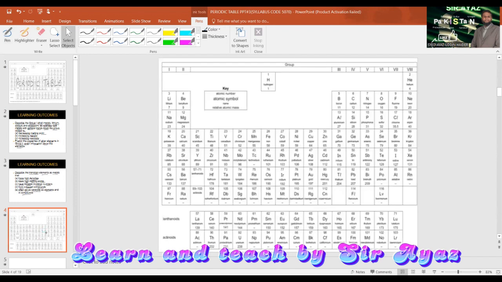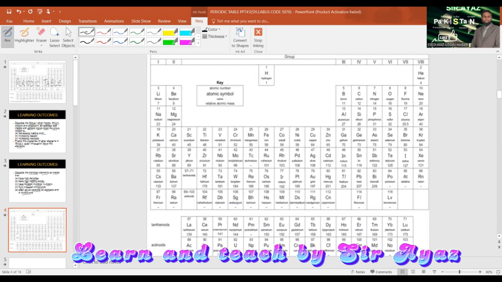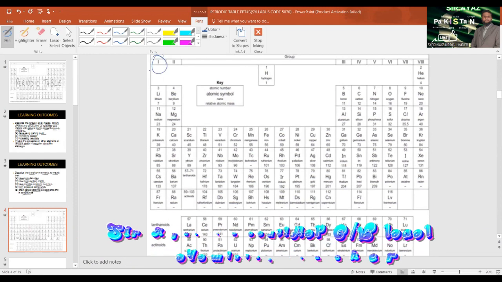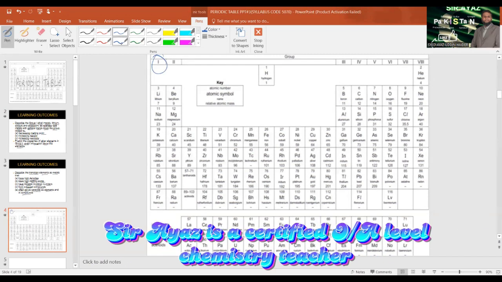So here's the periodic table. On the left hand side of the periodic table, you see the group 1. These are the alkali metals.